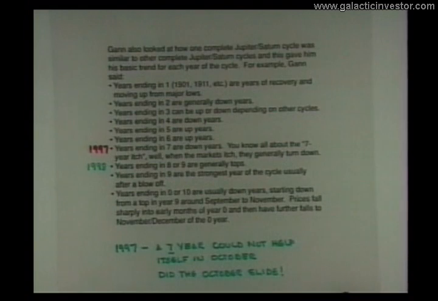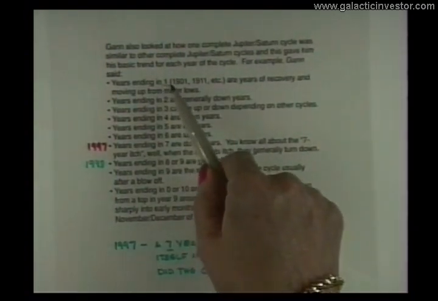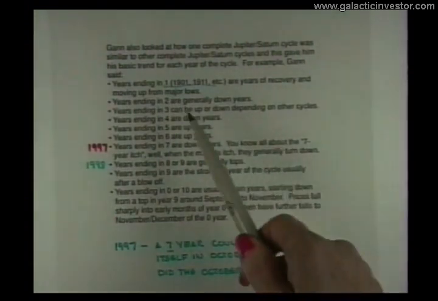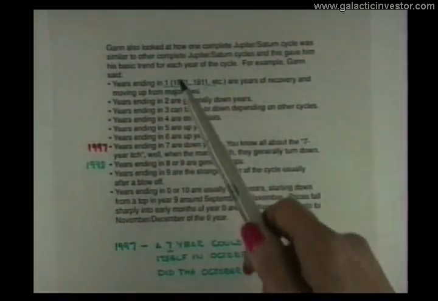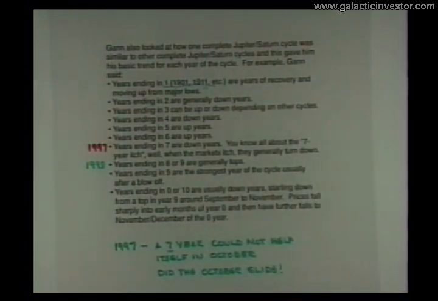This information is pretty common knowledge, and I believe Gann put it in one of his courses, but it was based on planetary cycles, which is very important. So he said years ending in 1, like 1901 or 1991, or 1919, are years of recovery from major lows.